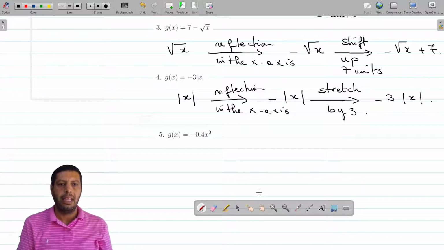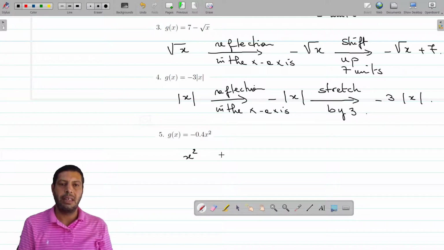In the next one, we have g of x equals negative 0.4 x squared. So again, it's a reflection and a multiplication by 0.4, but here the multiplication factor, which is 0.4, is between 0 and 1, which corresponds to a shrink, not a stretch. Our basic function here is x squared.